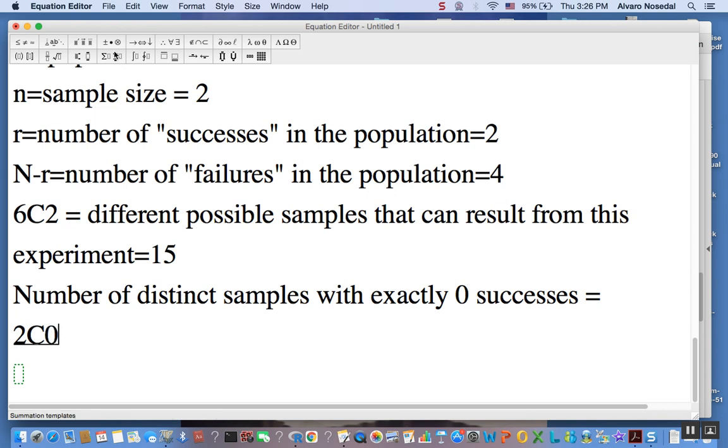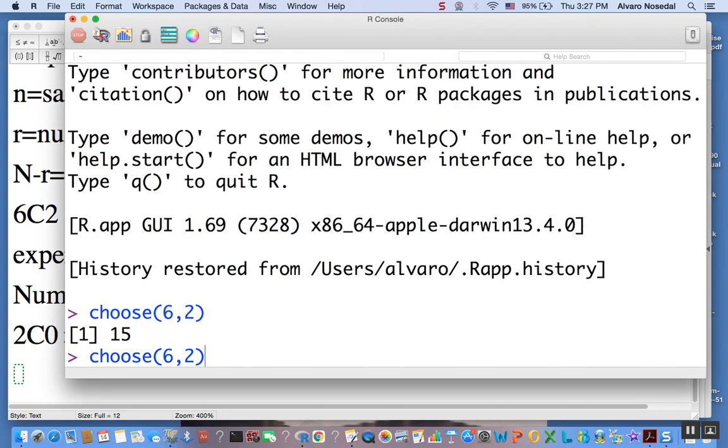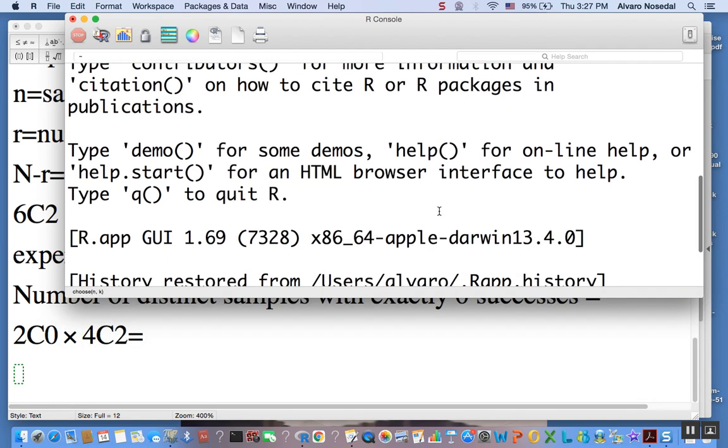And then times, out of the subpopulation of failures, you're going to be choosing your sample of size 2, right? That gives you the number of distinct samples with exactly 0 successes, right? And let's find it using R. So instead of 6 and 2, we are going to have 2 choose 0, right? Let's see it here.